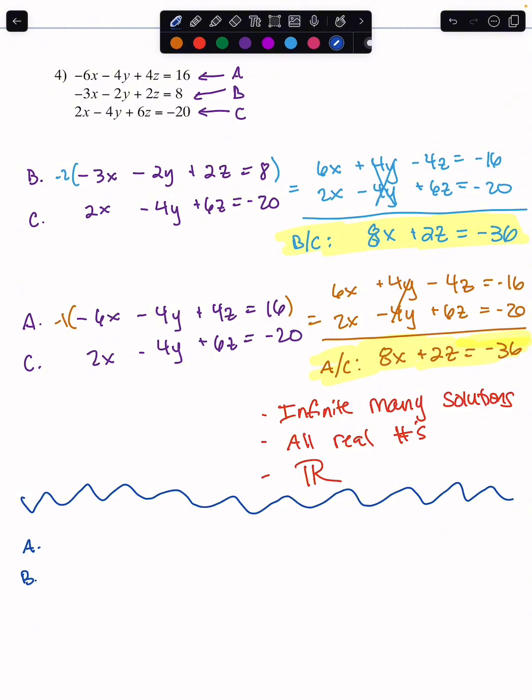And then you got negative 3x minus 2y plus 2z equals 8. When I multiply the bottom line by negative 2 to cancel out, let's say, x's, the top line doesn't change.